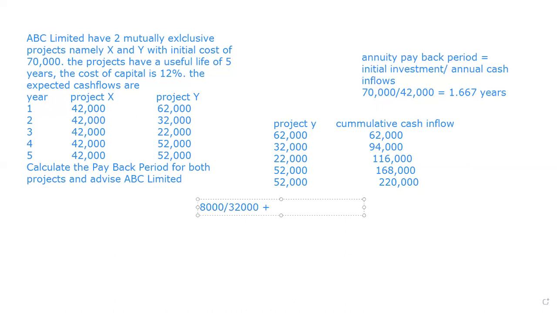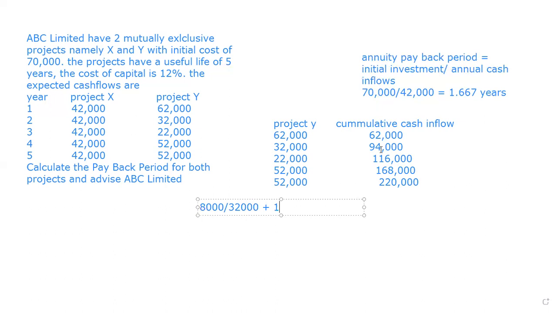Then you add it to the initial year, because remember, we want to count how many years it takes to get our investment back. Year one, we already have 1 year. Then you add, because 62 is still lesser than 70,000. That's why I took 1 year plus. If our amount was 100,000, it could have been 2 years plus. But since it is 70,000, we take that 62,000, which is 1 year plus.